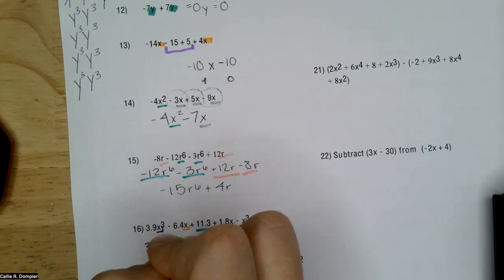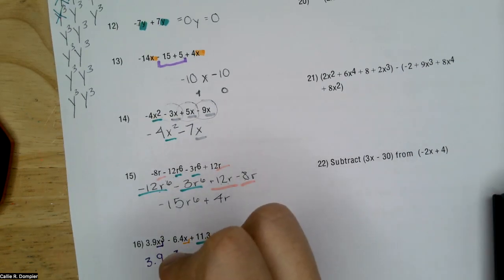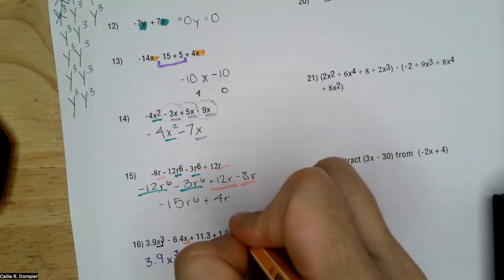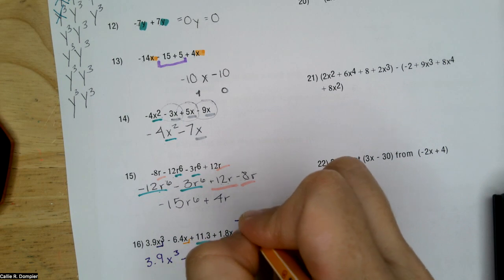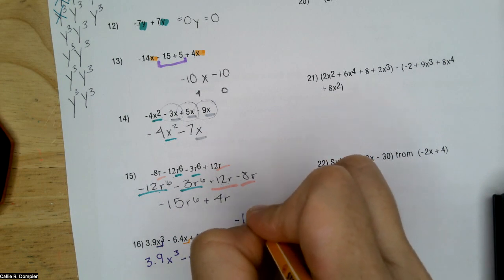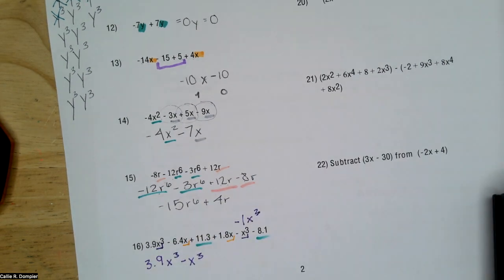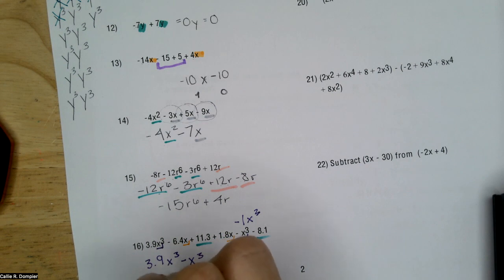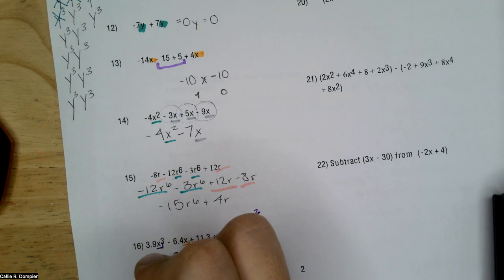3.9x to the 3rd minus x to the 3rd. When I just have minus x to the 3rd, what is that the same as? How many x to the 3rds? Negative 1x to the 3rd. I almost called it x squared. So 3.9x to the 3rd minus x to the 3rd is the same as 3.9x to the 3rd minus 1x to the 3rd. Okay.